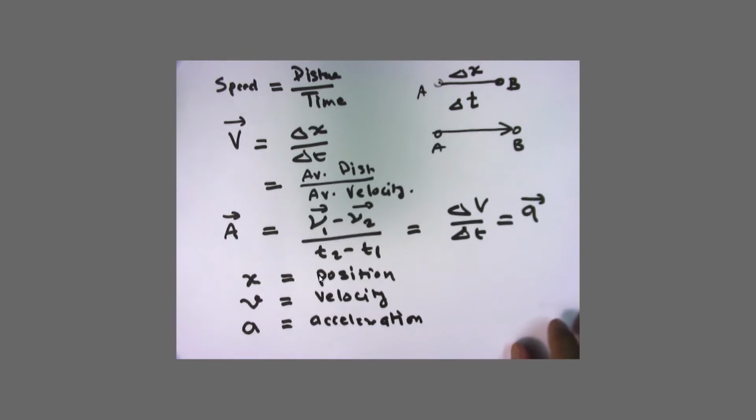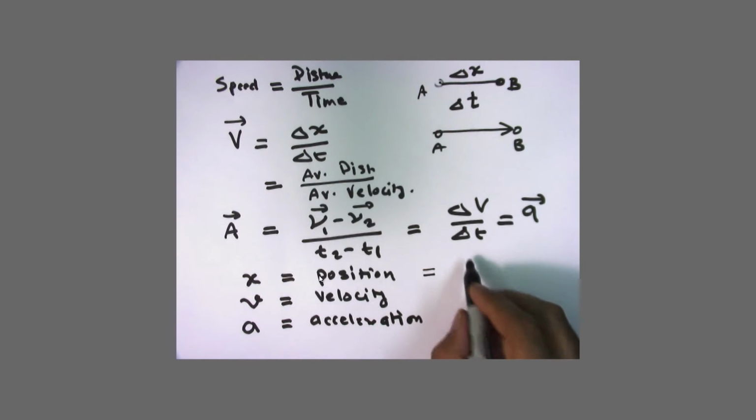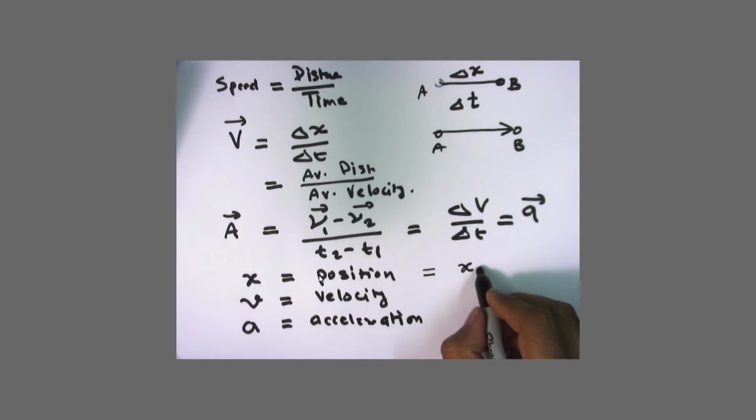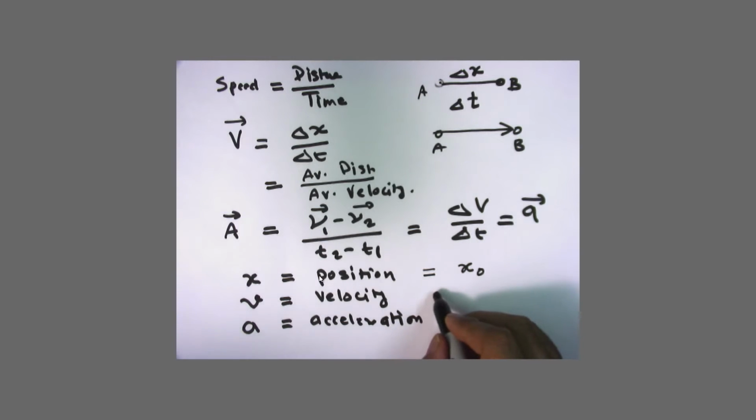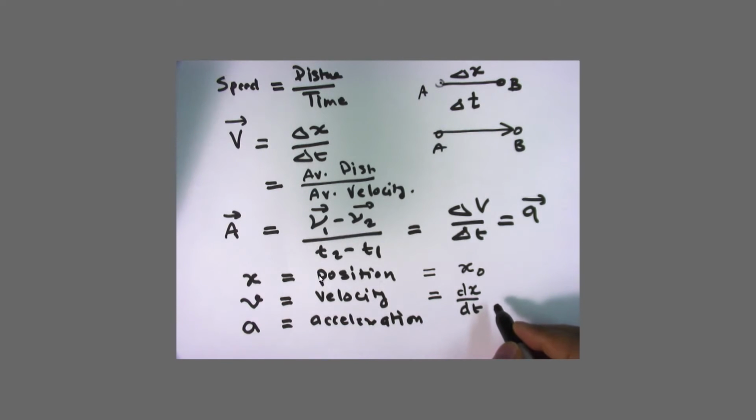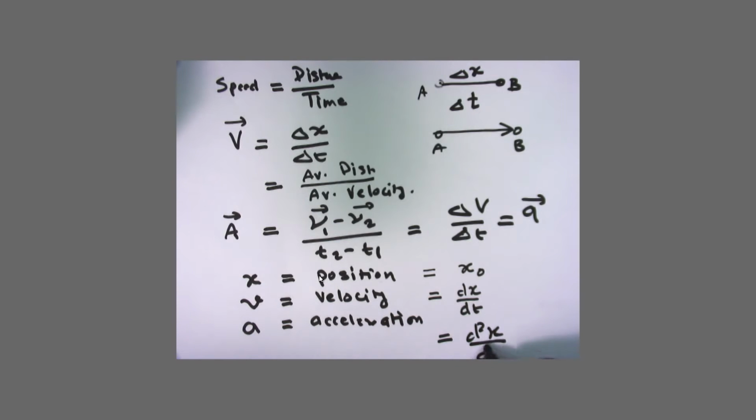So, if you look at these three quantities in differential form, you can say x is x 0, that is the starting point. I will just take the starting point at this point, as a boundary condition, and I will extend it to a generalized expression later. But then dx over dt is the velocity, distance over time, and these are exact differentials, and then you get d square x over dt square.